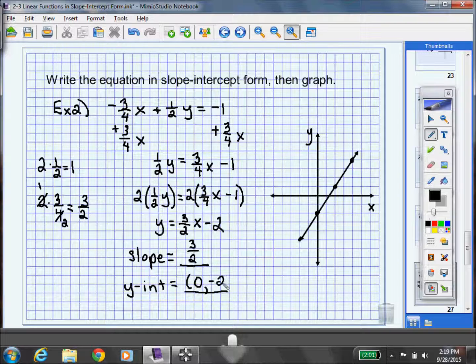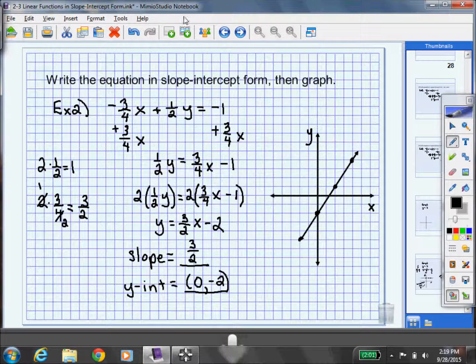Good. So we have our slope, we have our y-intercept, we have our graph. And that's great. Then we need to add on, not all of them are able to be put into slope-intercept form. There's a couple special ones, and so we need to take a look at the special ones.